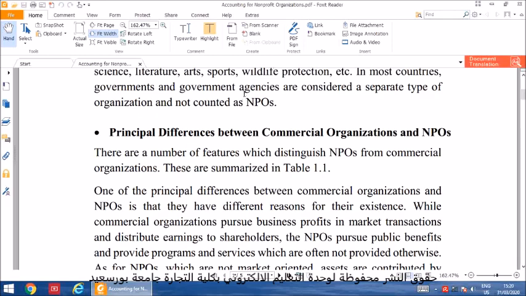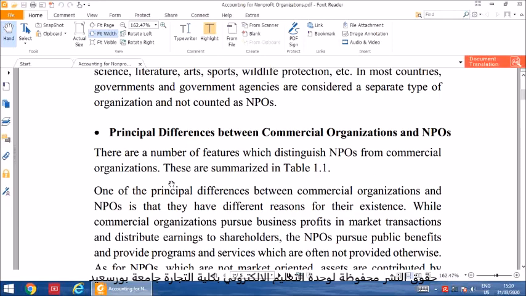Principal difference between commercial organizations and non-profit organizations. There are a number of features which distinguish non-profit organizations from commercial organizations. These are summarized in Table 1.1.